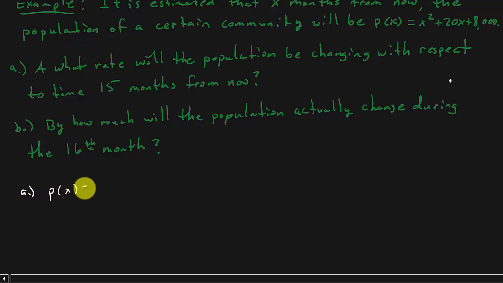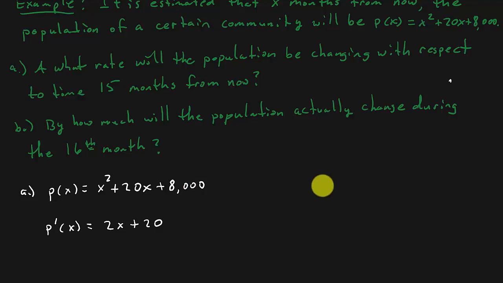We have P of x is equal to x squared plus 20x plus 8,000. And if we take the derivative of that, so P prime of x, just the derivative of each term, that's 2x plus 20, and then the derivative of 8,000 is just 0. Okay? All right.